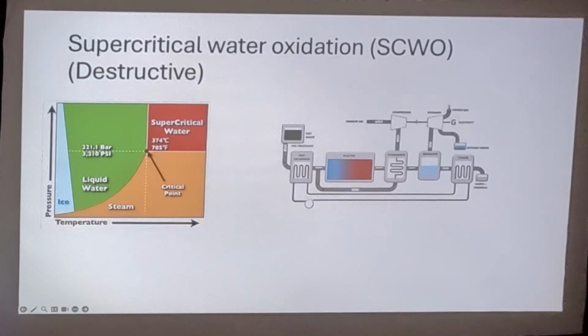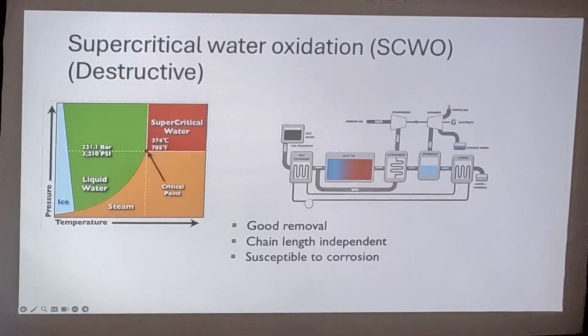So heat it up, put it under high pressure, and break the carbon-fluorine bond. We know how to do this, we do it for other processes, and it works well. There are some operational challenges, but it's expensive. To heat water up and to pressurize it takes a lot of energy.